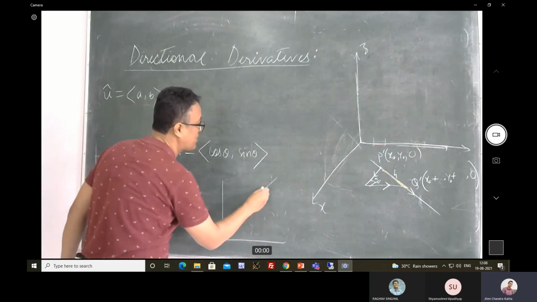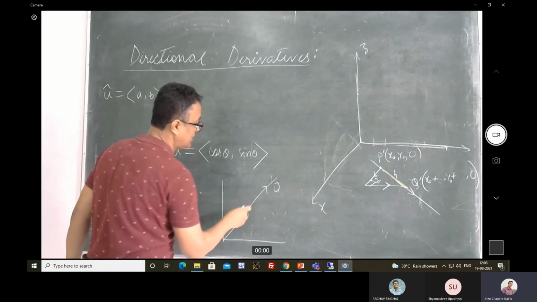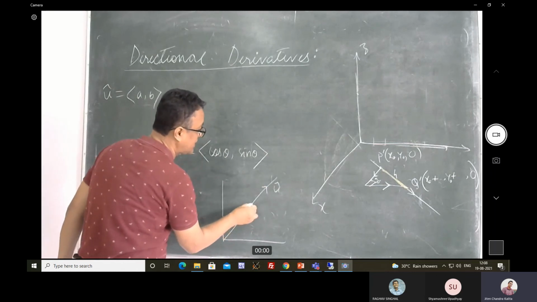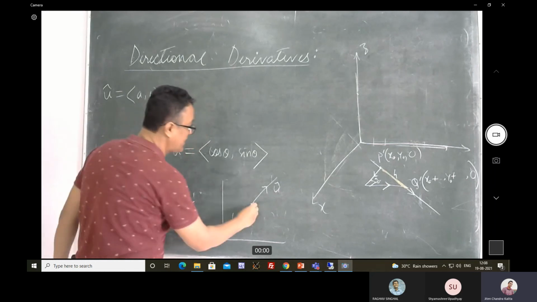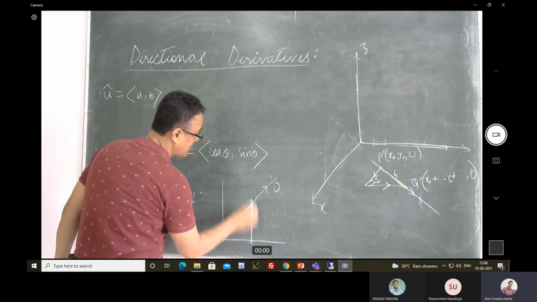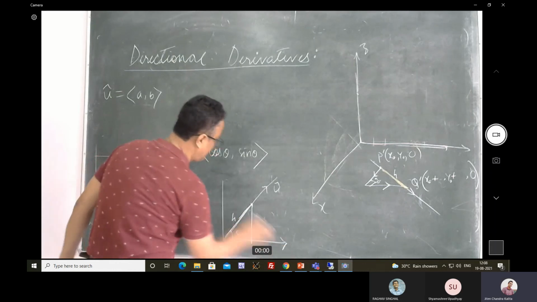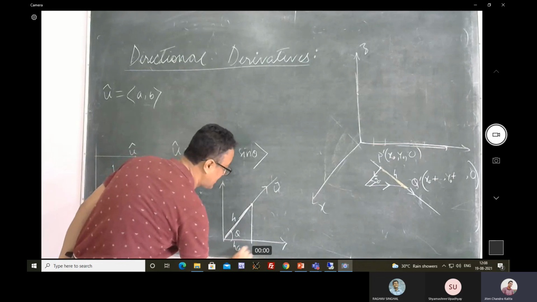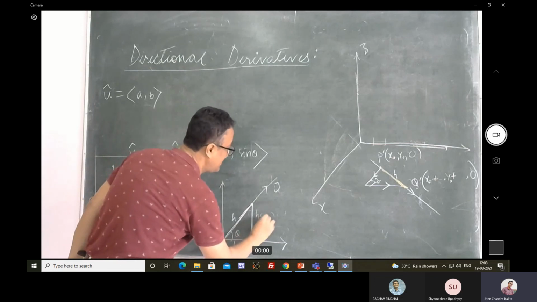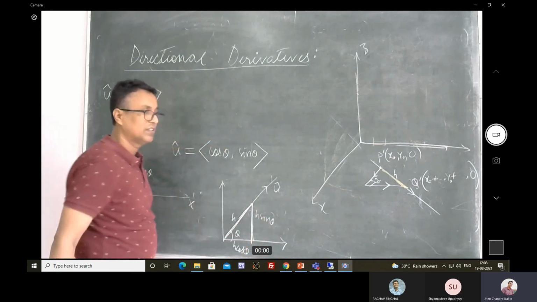Suppose this is my unit vector u, but I have simply taken a portion of this. This is h, right? And this is theta. So this is h cos theta, and this length is h sin theta, right?